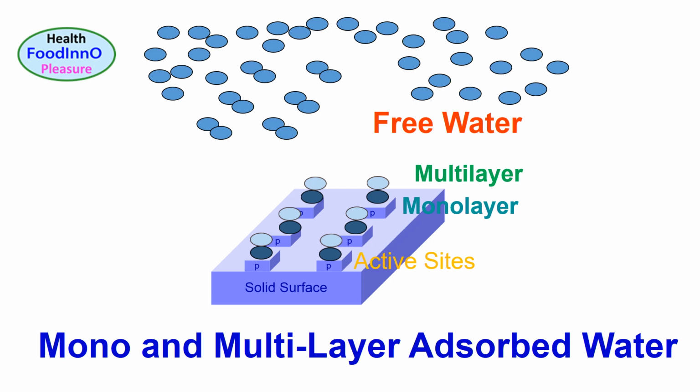Free water is in a high energy state. Free water could be used by chemical reactions and microbial growth. Strongly bound water has a low energy state and is most inert. Thus, chemical reactions and microorganisms are unable to use this water. Multilayer adsorbed water has a medium energy state, thus medium reactive. However, free water has a high energy state, thus very reactive and available for chemical reactions and microorganisms.